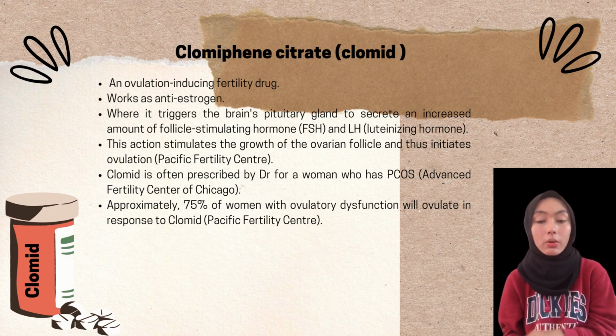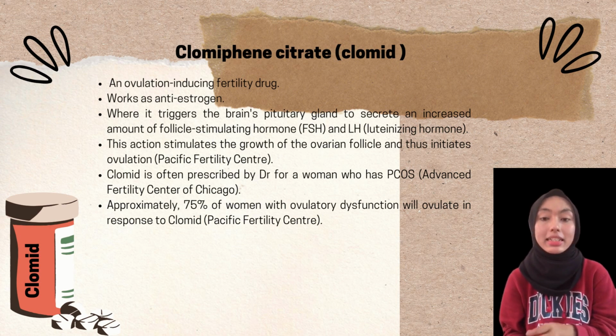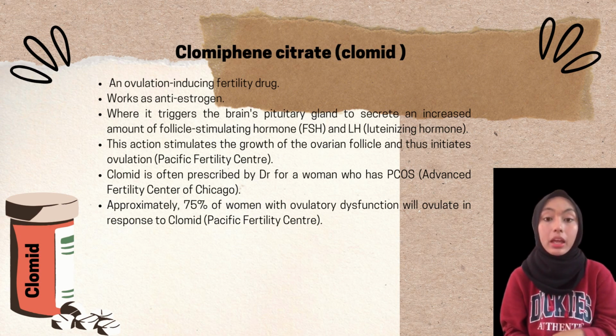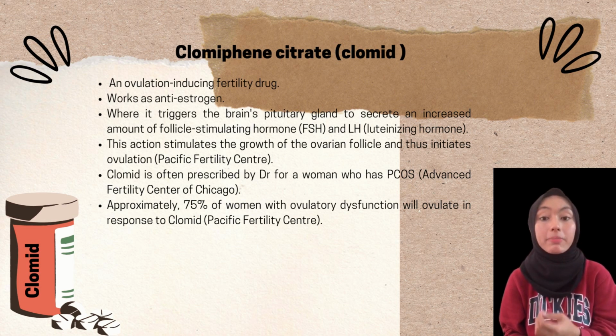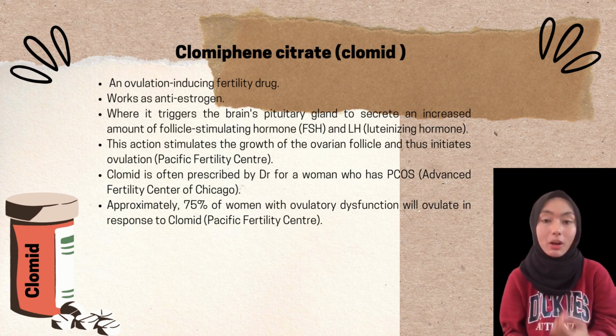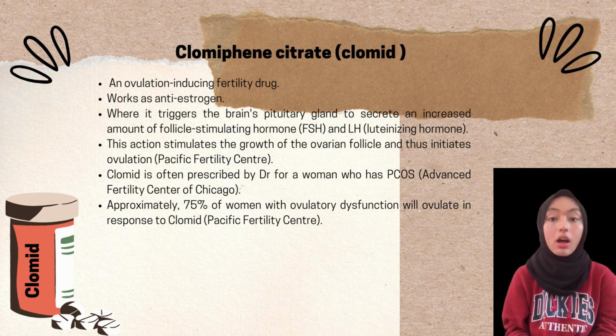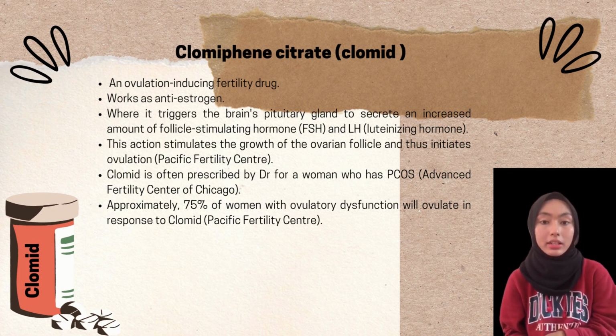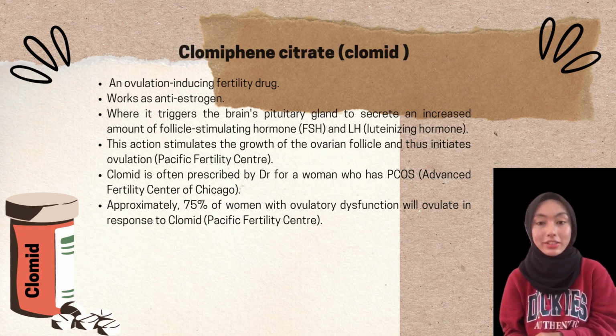These actions stimulate the growth of ovarian follicles and thus initiate ovulation. Approximately 75% of women with ovulation dysfunction will ovulate in response to Clomid. Therefore, Clomid is often prescribed by doctors for women who have PCOS, polycystic ovary syndrome.